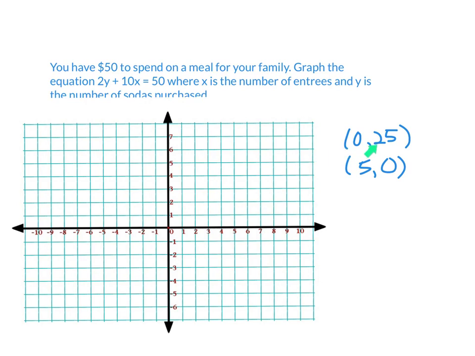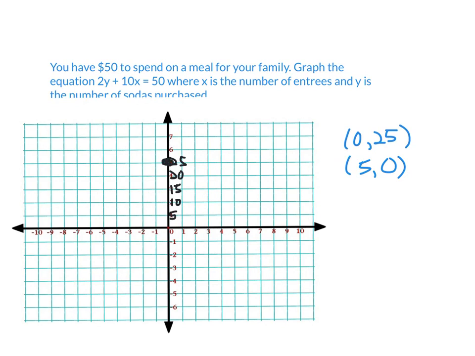Next, I plot my points. Notice this goes up to 25. My graph only goes up to 8. So for my y-axis, I'm going to go up in increments of 5. So this would be 5, 10, 15, etc. So I'm just going to change this here, make this a 5, 10, 15, 20, 25. So 0, 25 would be right here. And then 5, 0.